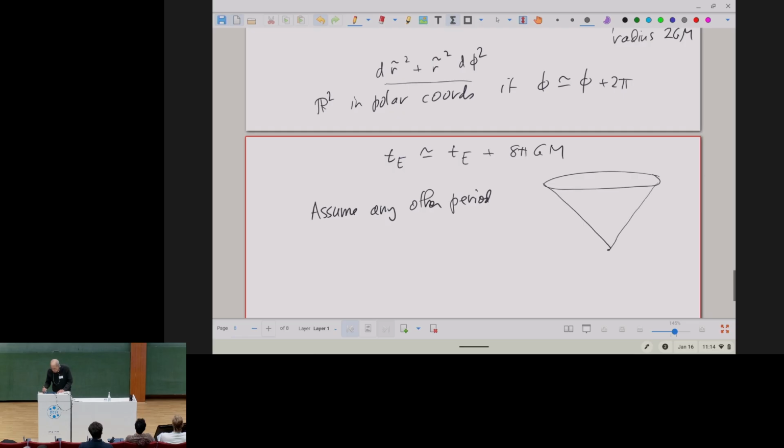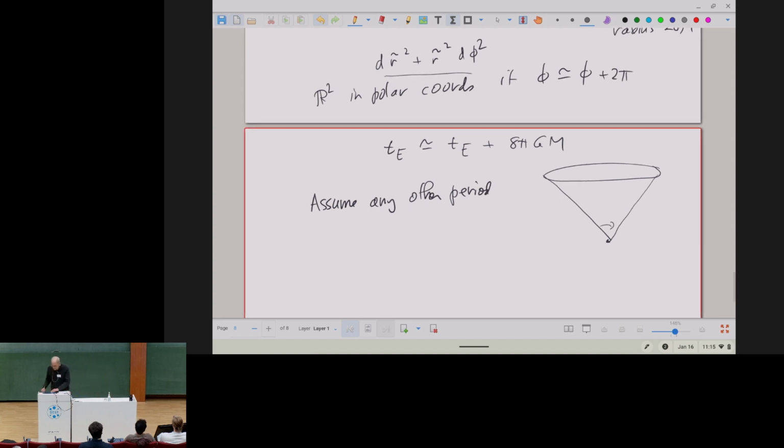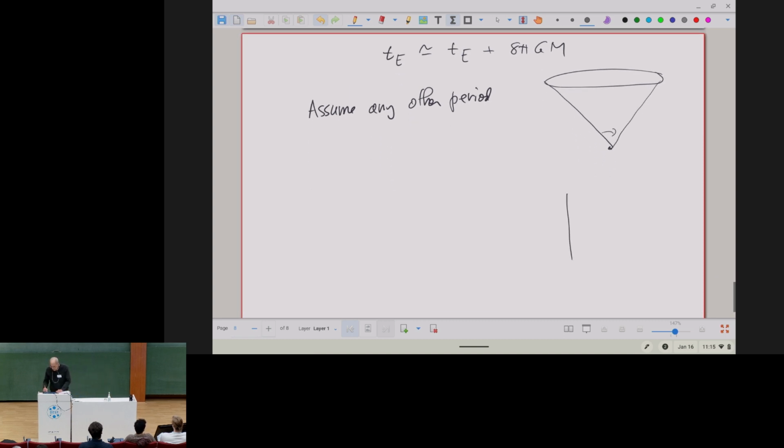It's the metric on a cone, where the cone angle is the period of phi. If that period happens to be 2 pi, then we get a flat metric on the plane. If some other period, there's a conical singularity. One way to make one of the wrong period is to start with the plane, and then this point will be the origin. Then we cut out a portion. So what we're left with is some angle theta.